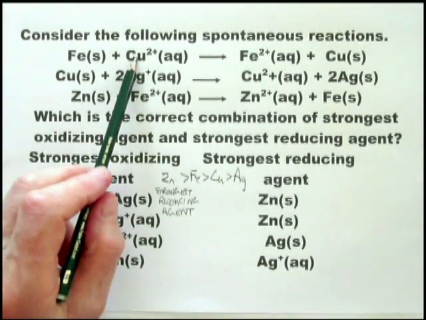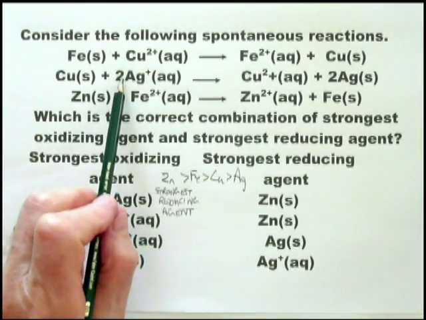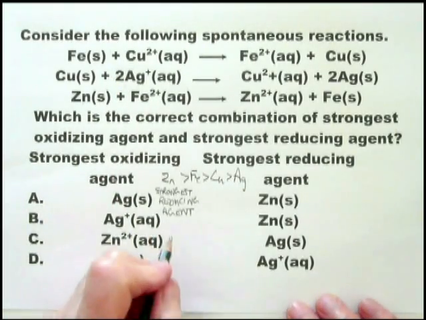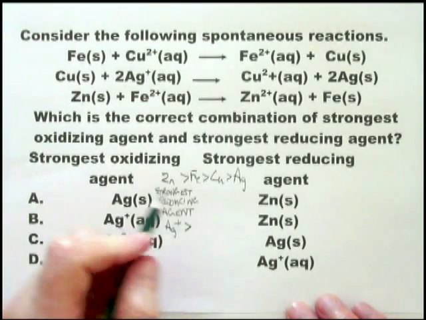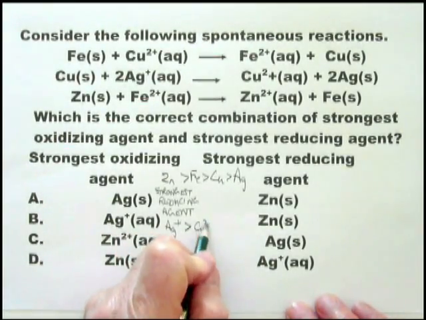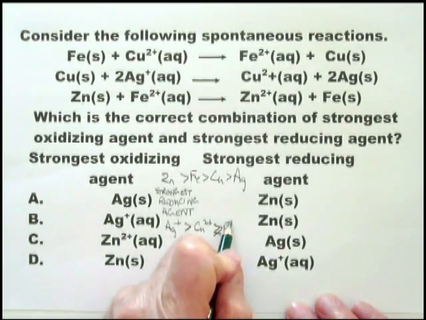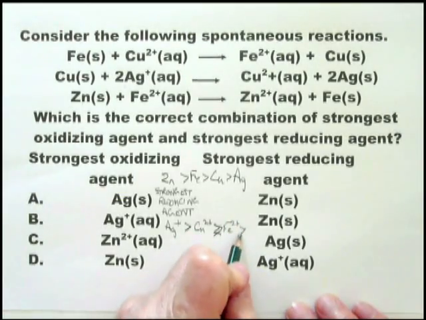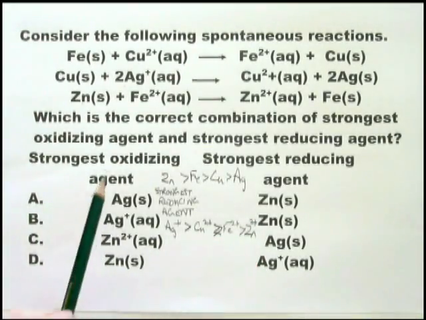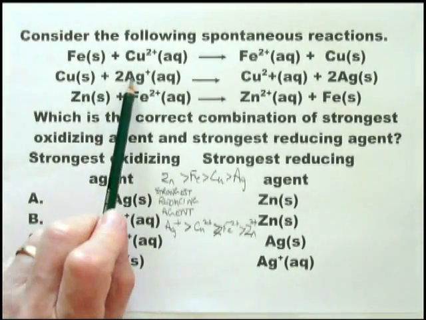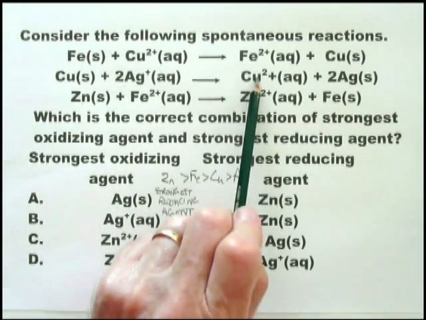When we look at the ions, the order is in the opposite direction. So it's Ag+. Ag+ is more reactive than Cu2+, which is more reactive than Fe2+, which is more reactive than Zn2+. And you can confirm that by looking at the silver ion oxidizing copper metal to Cu2+.